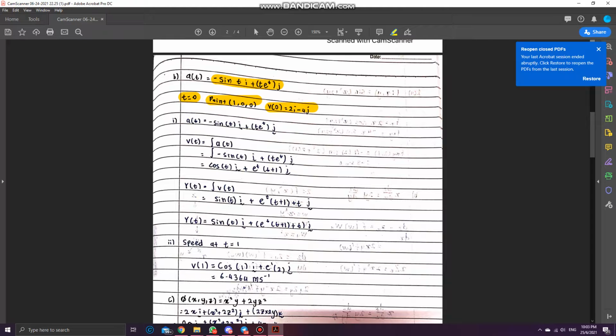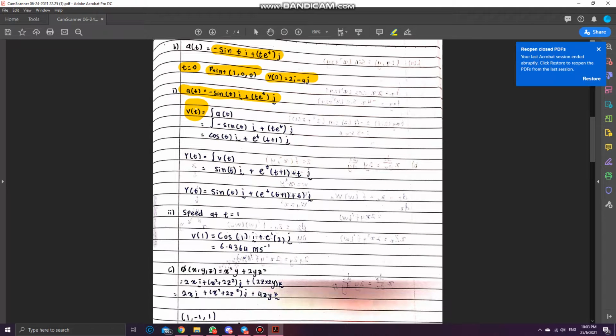So for Roman 1, we need to integrate acceleration to find the velocity, because to go from velocity to acceleration we differentiate, but from acceleration to velocity we need to integrate. So integrate negative sine t plus t exponent power of t, and we will get this answer.